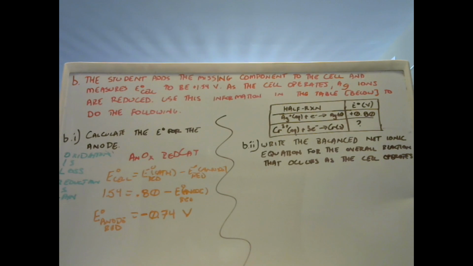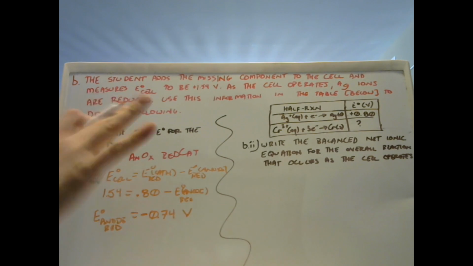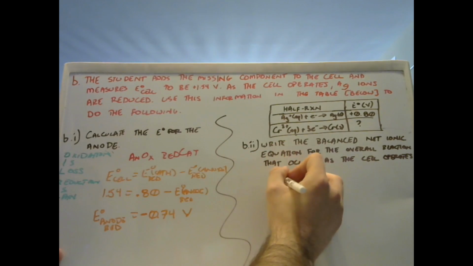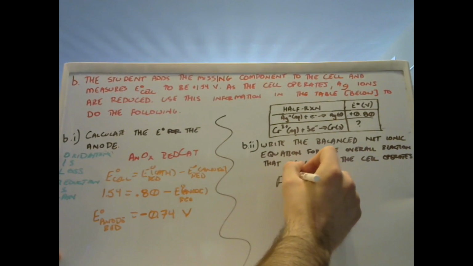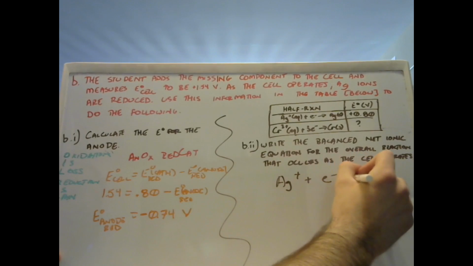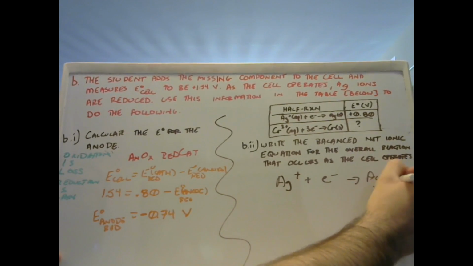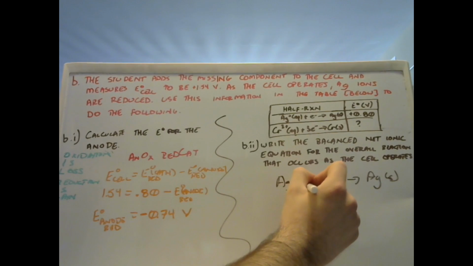On the other hand, it says write the balanced net ionic equation for the reaction that occurs as the cell operates. We have already been told that the silver is being reduced, which means it's gaining electrons, which means that it's going to be Ag plus plus e minus goes to Ag solid.